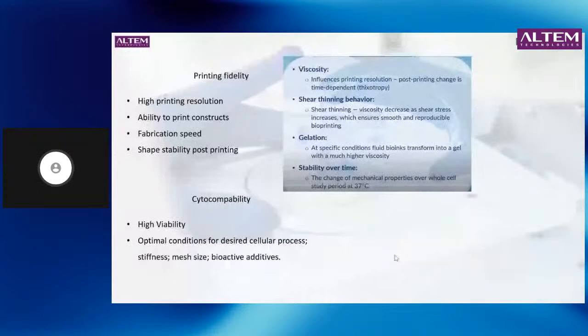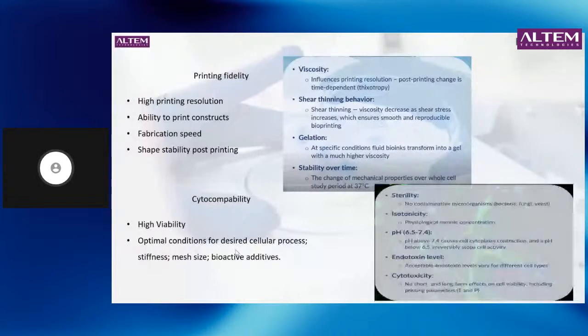Cytocompatibility. Cytocompatibility means how compatible the cells are. How is the viability of cells? When you're talking about biocompatibility, it becomes a much larger picture. Cytocompatibility is basically how a cell reacts at a specific site. Optimal conditions for desired cellular processes are stiffness, the mesh size, and the bioactive additives which are added. You have sterility, which plays a very important role when it comes to cytocompatibility.